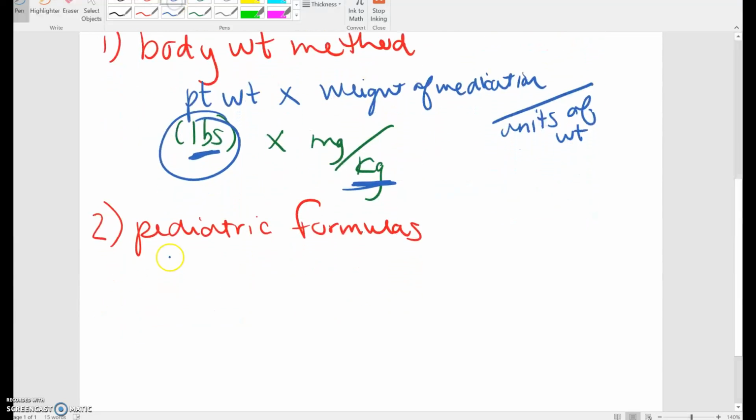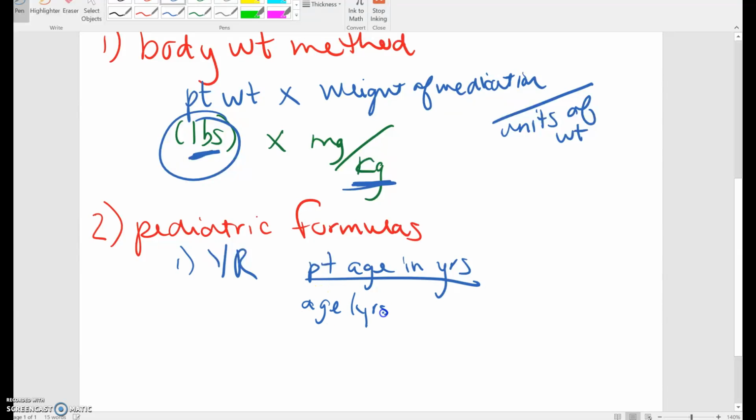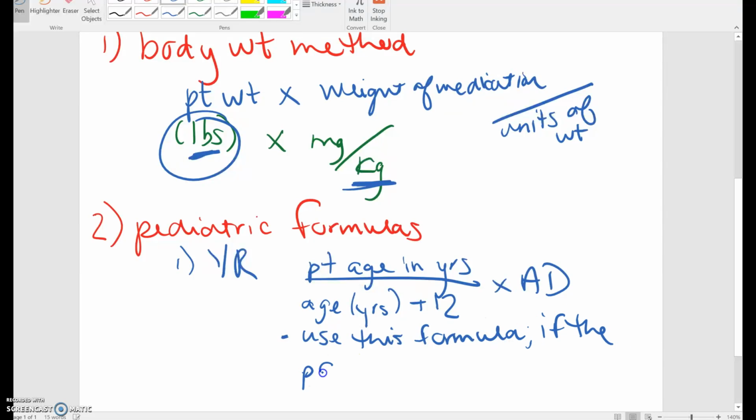Those 3 formulas are, you have Young's rule, where you take the patient's age in years over that patient's age in years plus 12 and multiply it by the adult dose. You're only going to use this formula if the patient is what? 12 months and older.